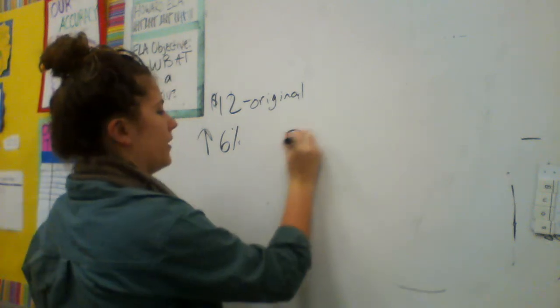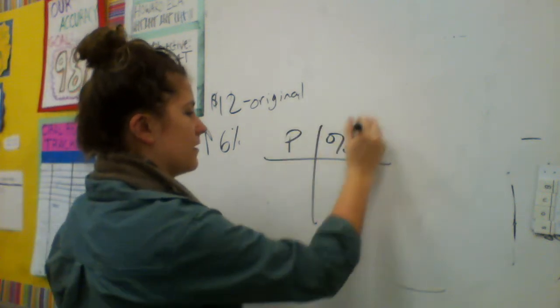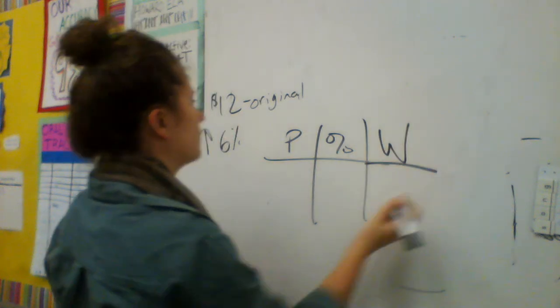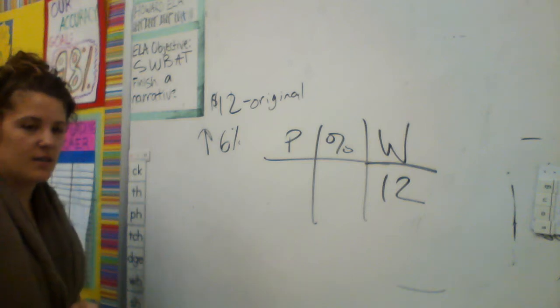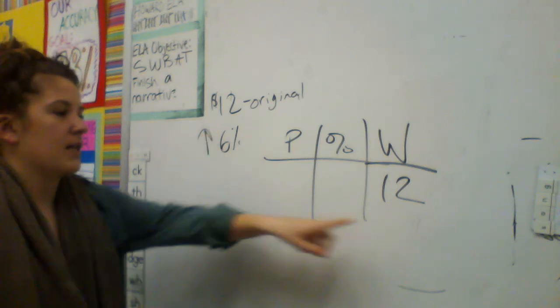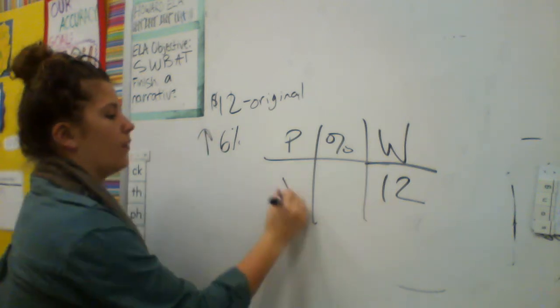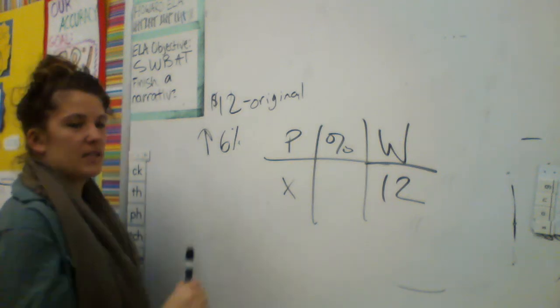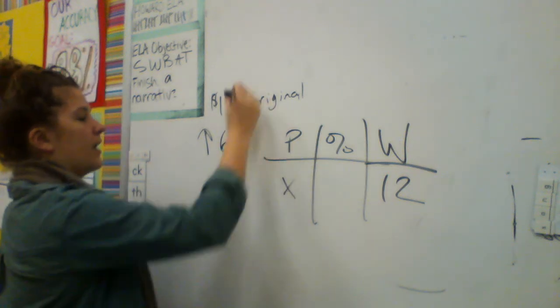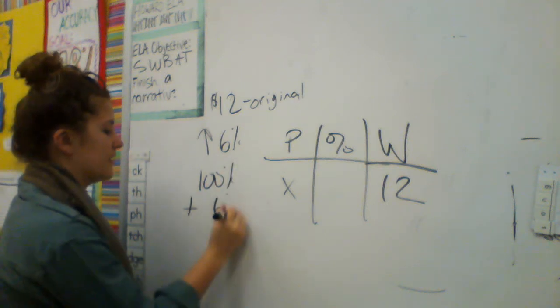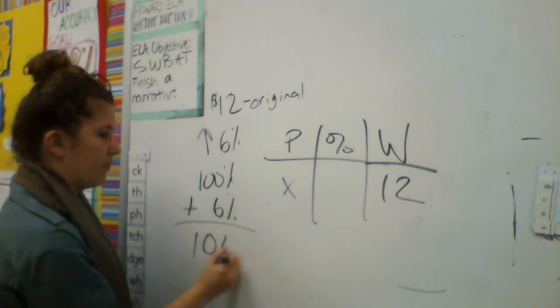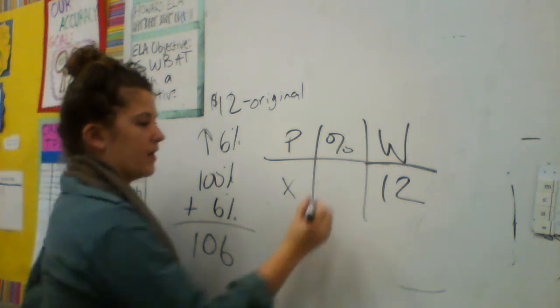So I'm going to do my part, percent, and whole. My cost that I'm taxing is $12. It's 6% sales tax of the discounted price. I don't know how much I'm going to pay then, but I know I'm going to pay 6% more than the original cost. The original cost is 100% plus the 6% sales tax, which means we're going to pay 106% of $12.